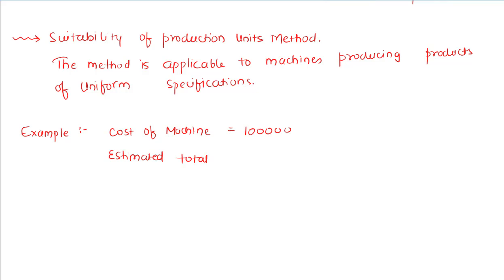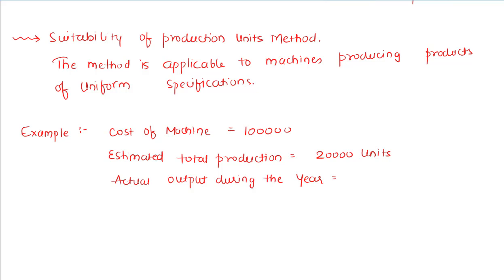Estimated total production is 20,000 units. Actual output during the year is 1,000 units.